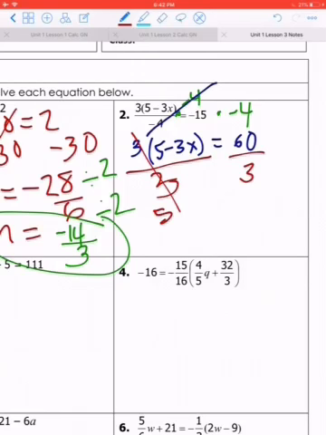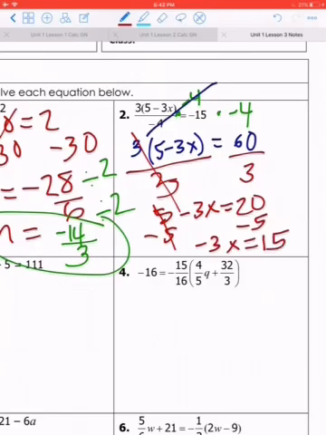It will save you a couple of steps. Okay, so 5 minus 3x equals 20. And then I'm going to solve for x. So subtract 5. Want to keep x where it is and then divide at the end. Okay, so negative 3x equals 15. Divide by negative 3. x equals negative 5.